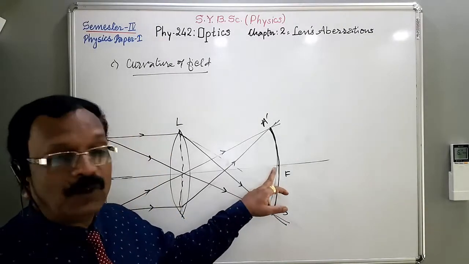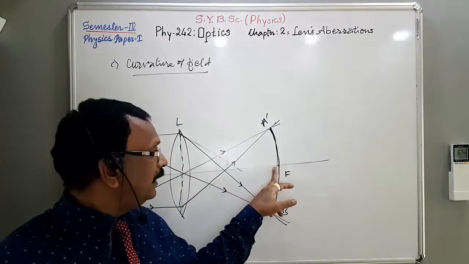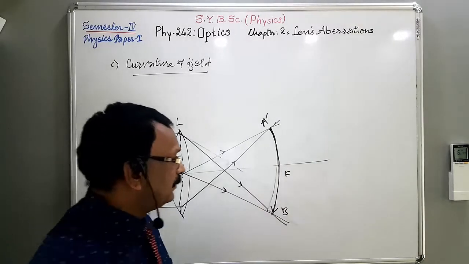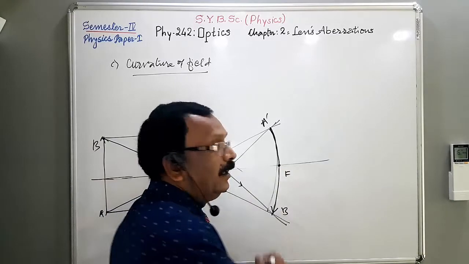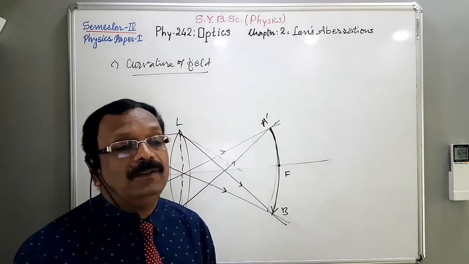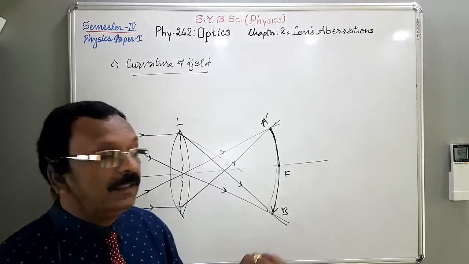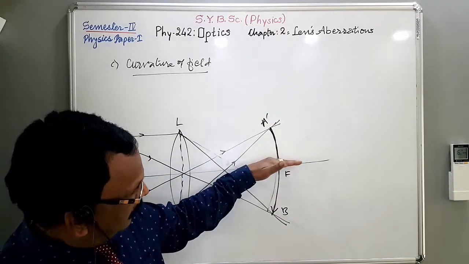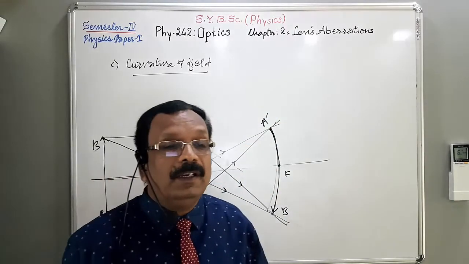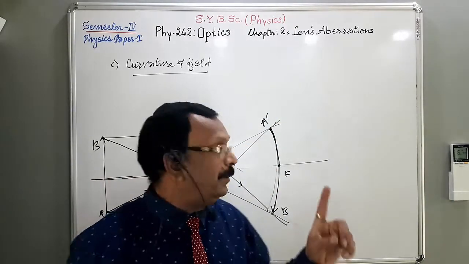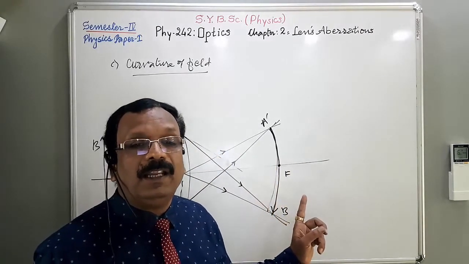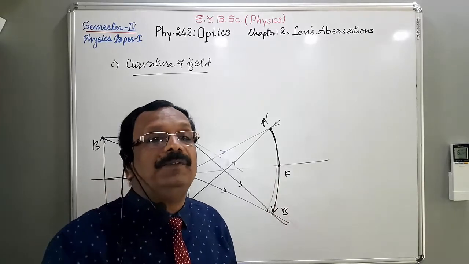The central portion of the image near the principal axis is in focus, intensity is large. But the outer portion, away from the principal axis, above and below, the image is not sharp but blurred, and this defect is called the curvature of the field.